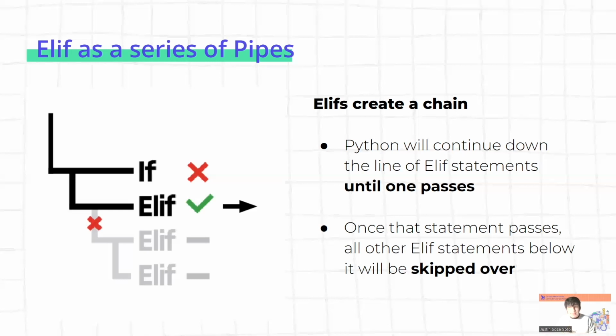If that statement doesn't pass, our water or steam, whatever we want to think of it as, will be closed off and sent down the following connection or the next path in our route. When this elif statement in our diagram passes, Python follows through with that conditional, and every statement afterward is closed off and skipped entirely. So it's one inlet, one outlet.